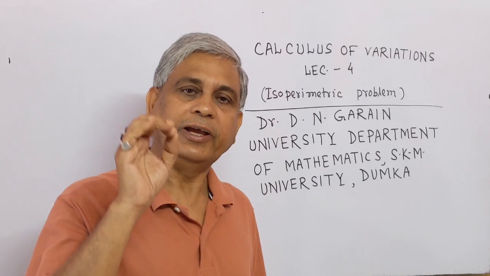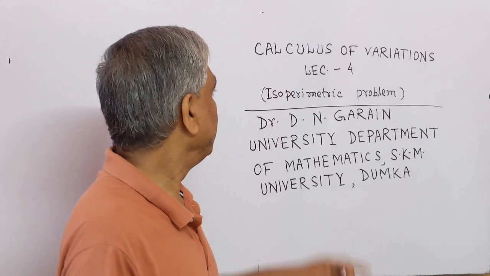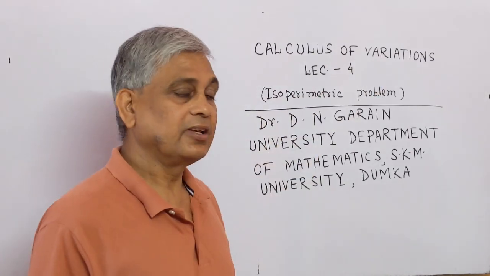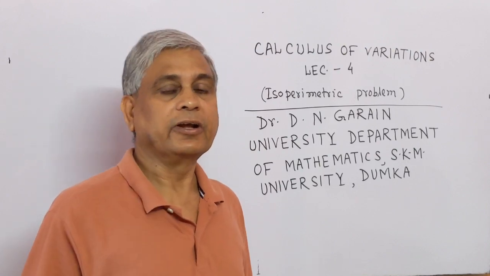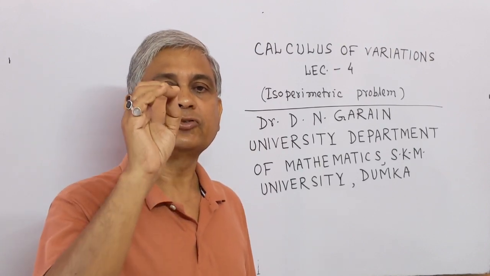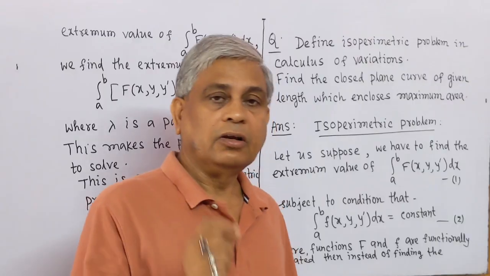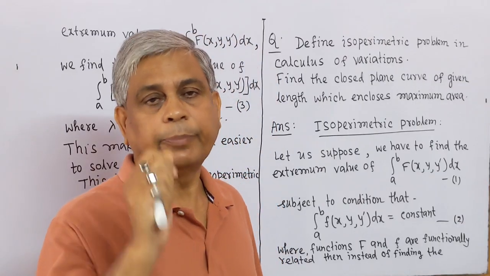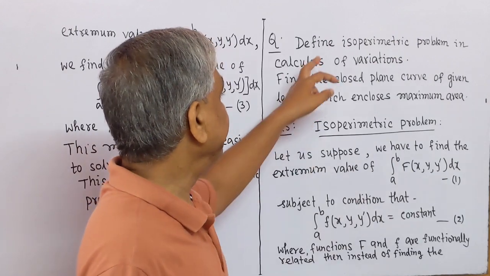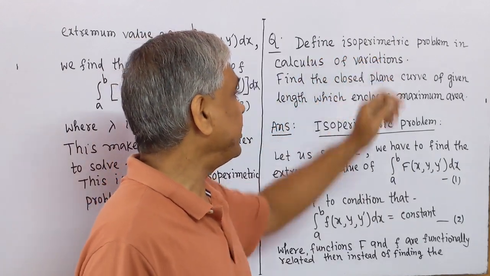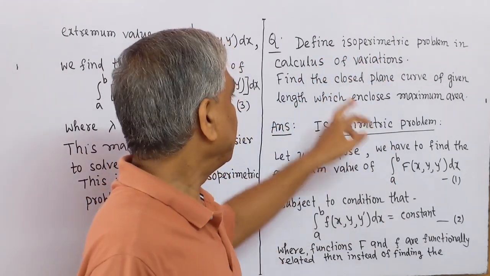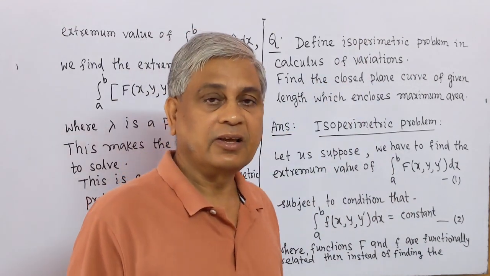Today, I will deliver lecture on calculus of variations, lecture number 4, in which I will solve the isoperimetric problem. Now, we solve a problem. Problem is define isoperimetric problem in calculus of variations.